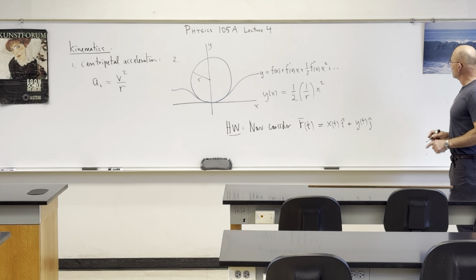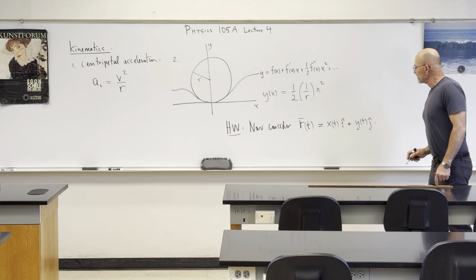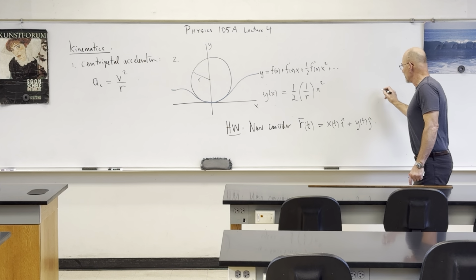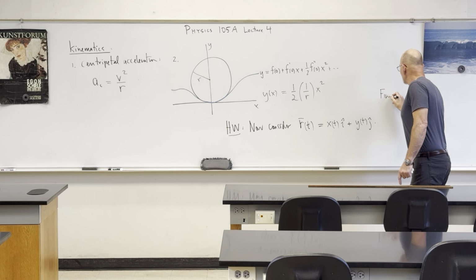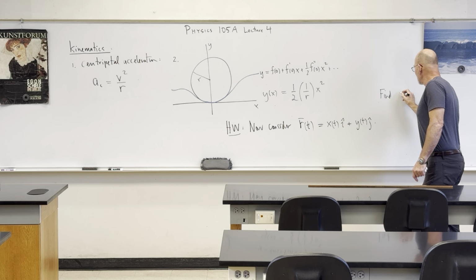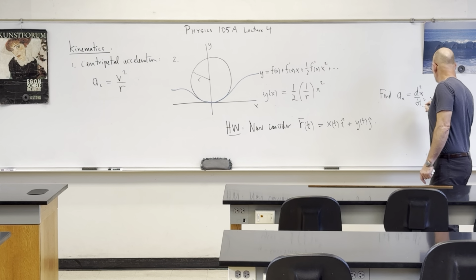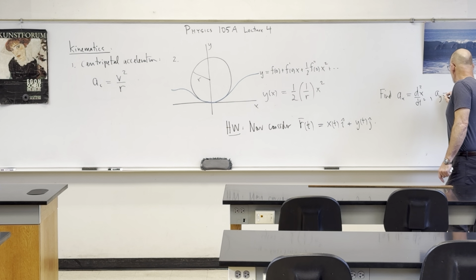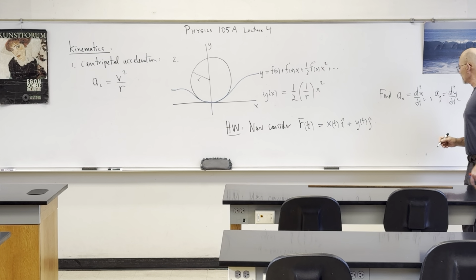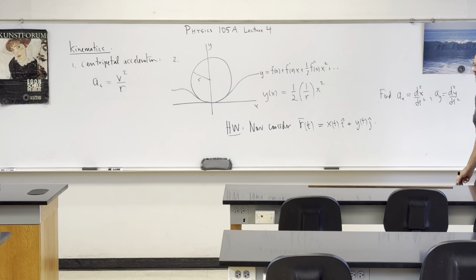What we're going to do is take two derivatives, find a sub x equals d squared x dt squared, a sub y equals d squared y dt squared. Those are just the definitions of the acceleration in x and y, straight out of the kinematic definitions.